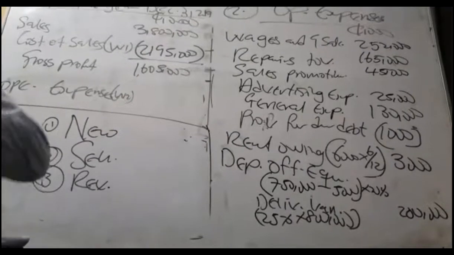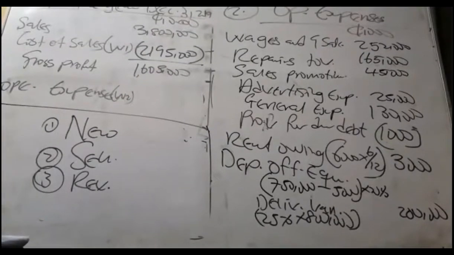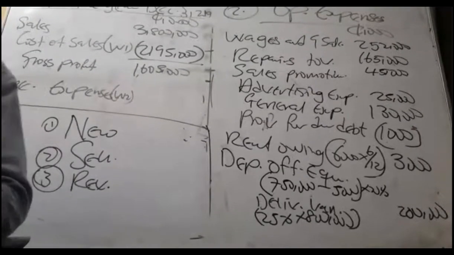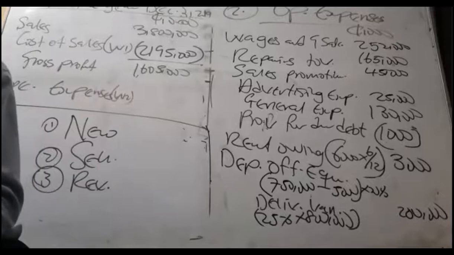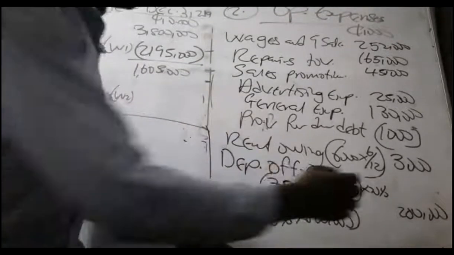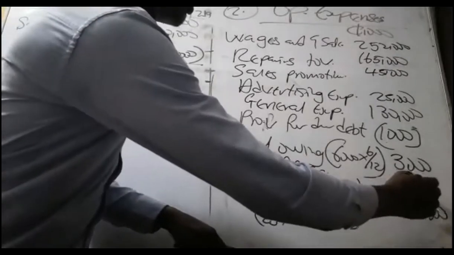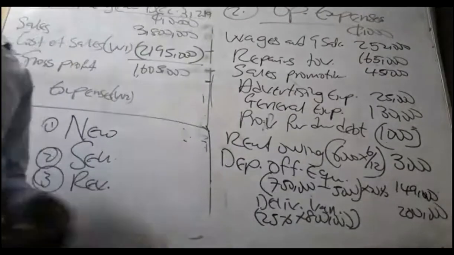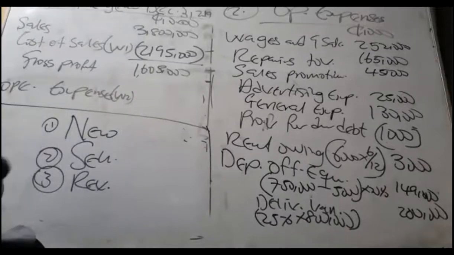So subtract all the items that were disposed of. Great. So you get 149,000. Then you are done.